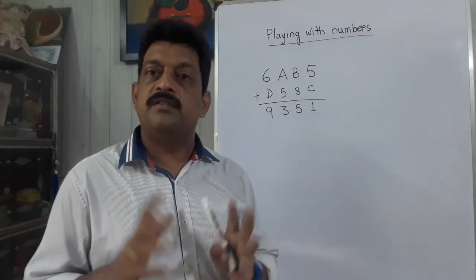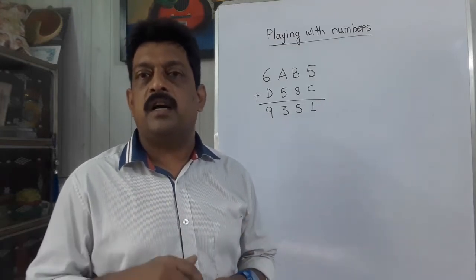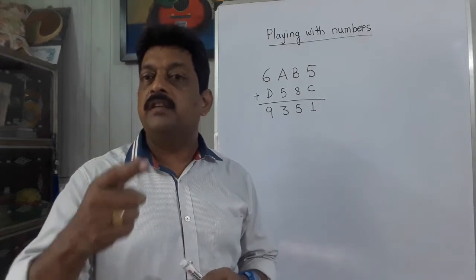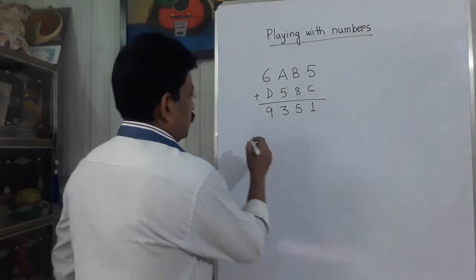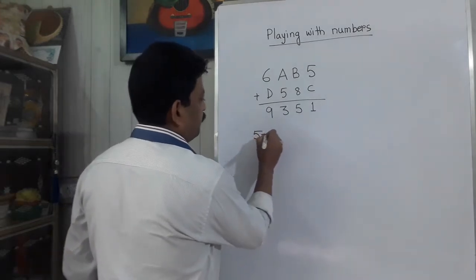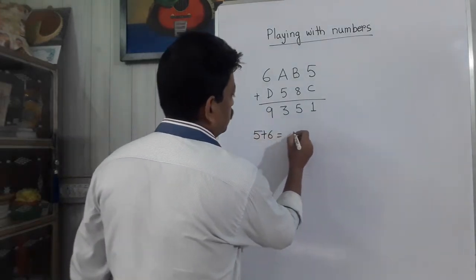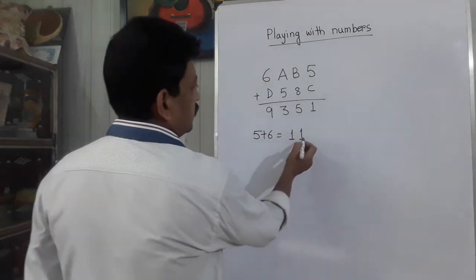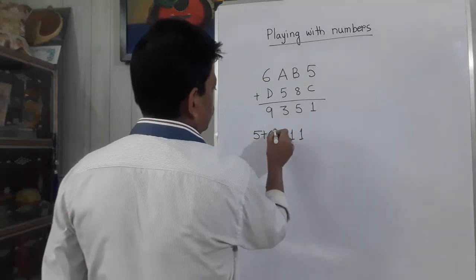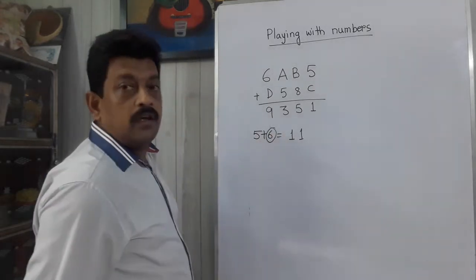Obviously you will say sir 6. Exactly, 6 is the answer because 5 plus 6 is 11. 1 is there in the unit place. So we can say that this C is 6.